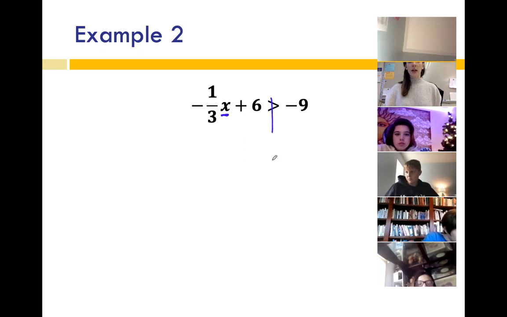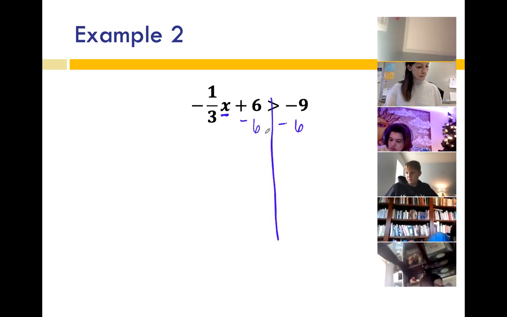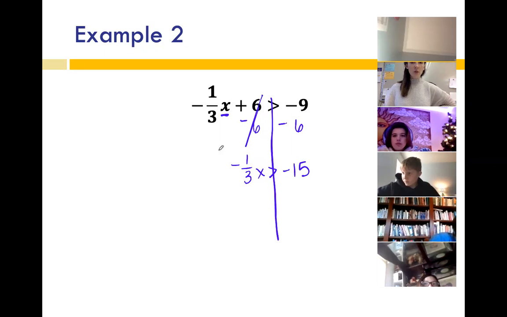So we're going to solve this like we normally would by subtracting 6 first. So write down -6. And then the 6's cross out. We have -1/3 x is greater than -15. And then our last step would be to multiply both sides by the reciprocal, -3/1.